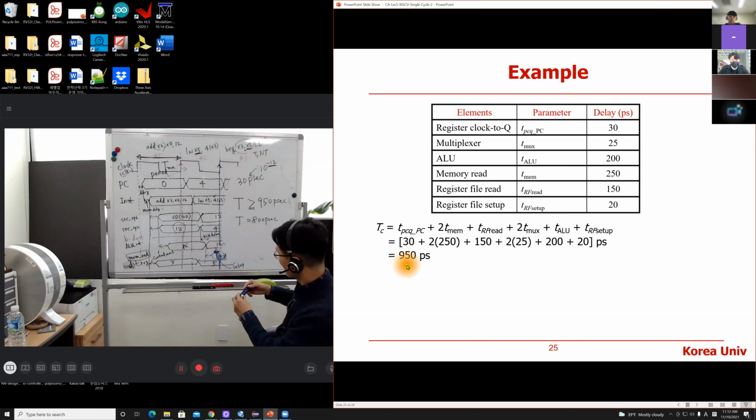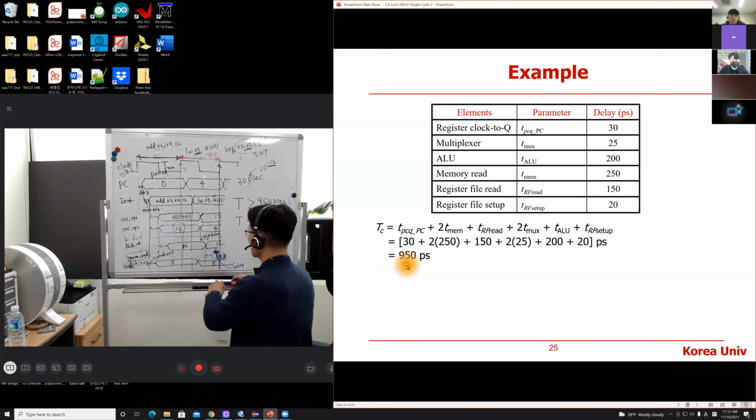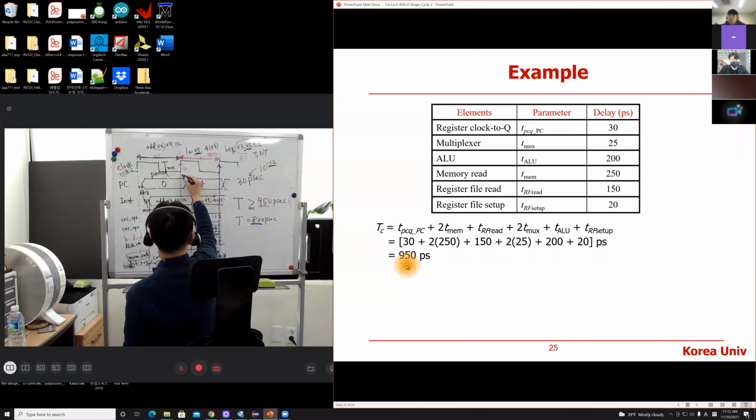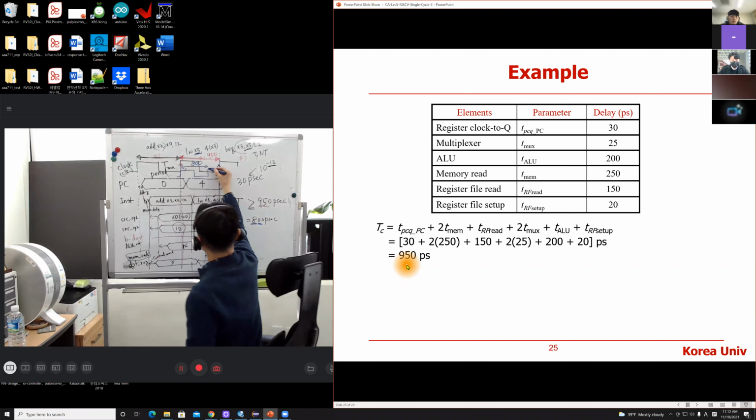What happens is this. Let me draw the clock. Let's say this is the minimum required clock period, 950, and somehow you are providing this clock, which is like this. Let's say this period is 800.